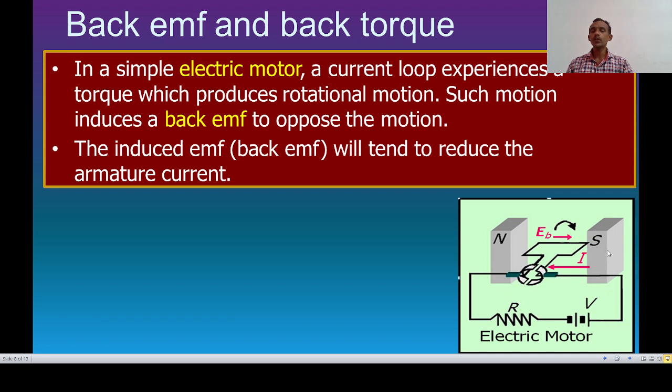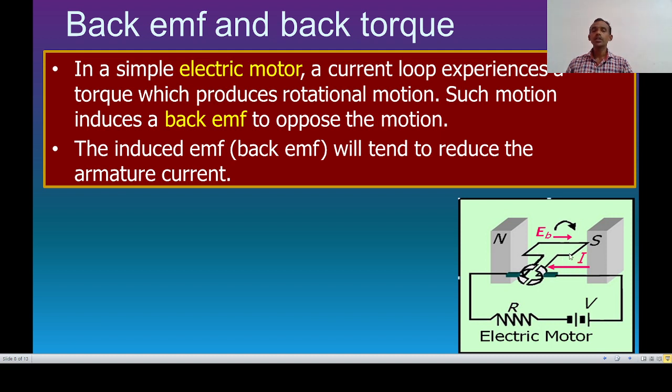Due to the current flowing through this loop, it experiences force, or experiences torque, which produces rotational motion. Such a current carrying loop in a magnetic field experiences a torque which produces the rotational motion.